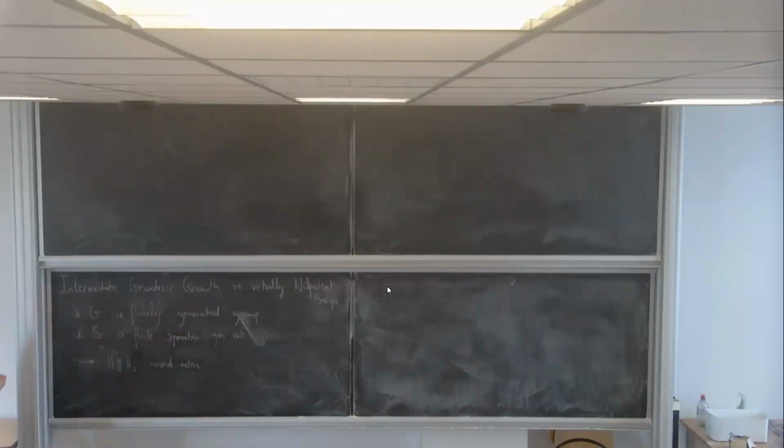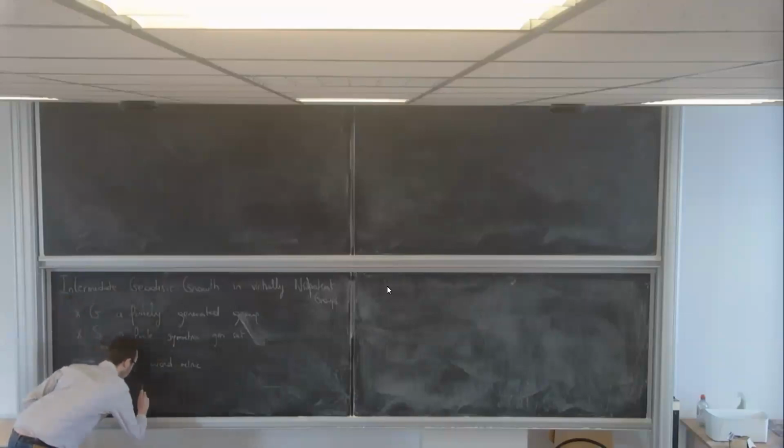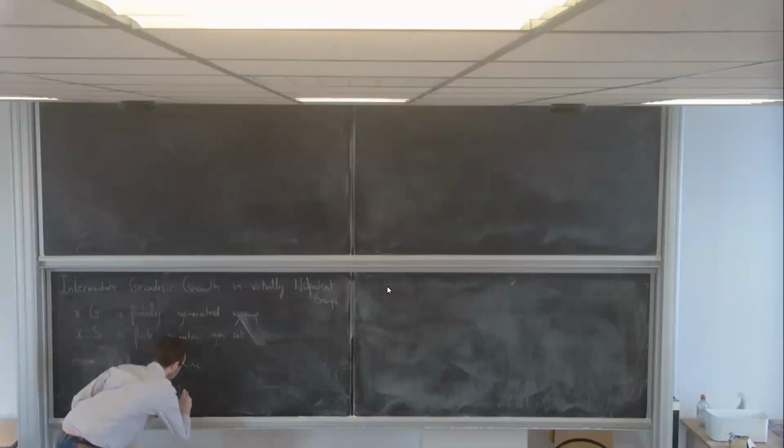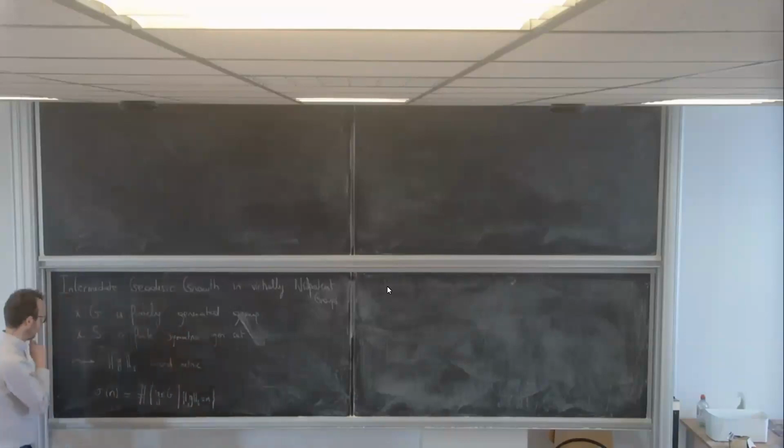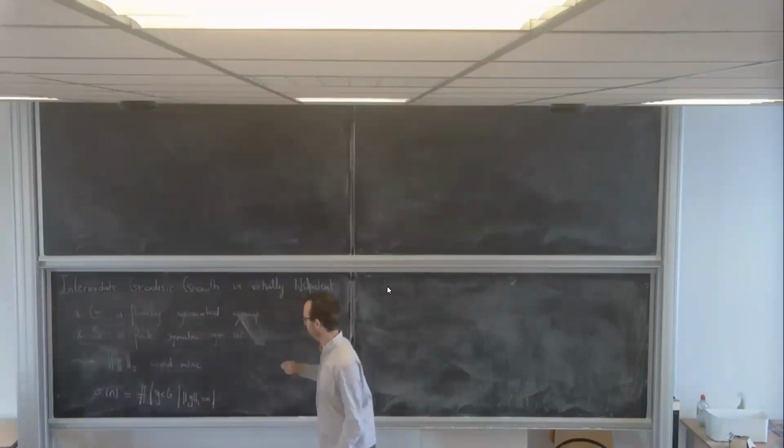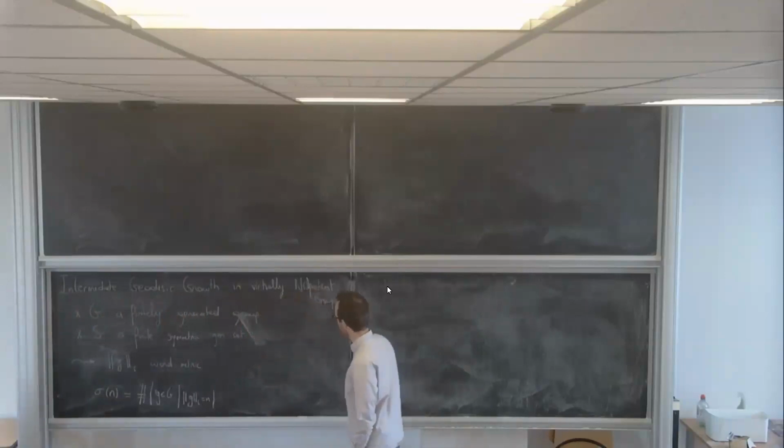And then what's usual is to consider the usual growth function, some function which I'm going to denote sigma, which just counts the number of elements in G such that the length is equal to n. So that's classical, that's just the spherical growth series. And so maybe people look at that and try to compute it or find some properties of it, depending on some other algebraic properties of the group.